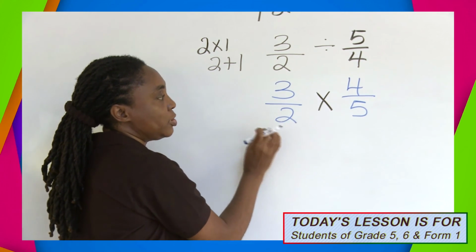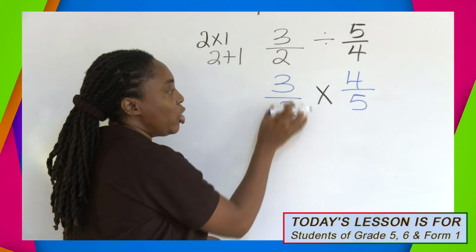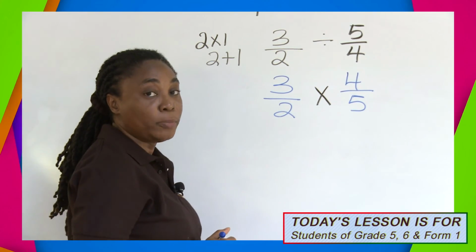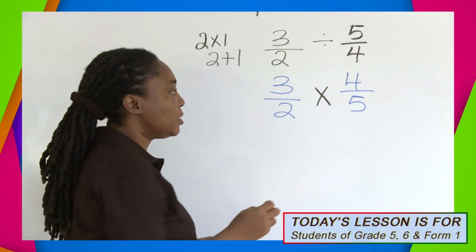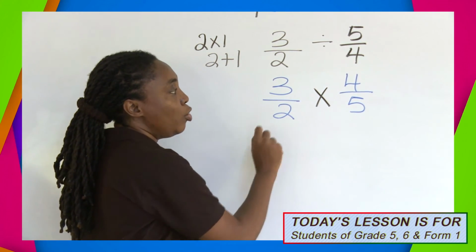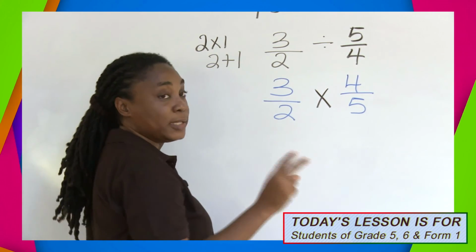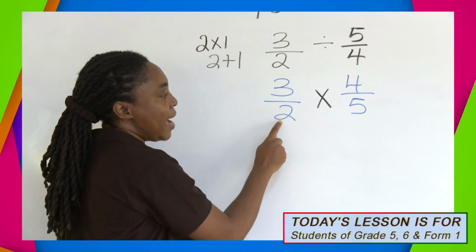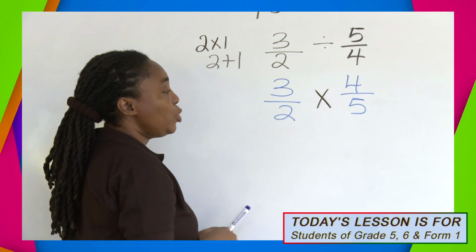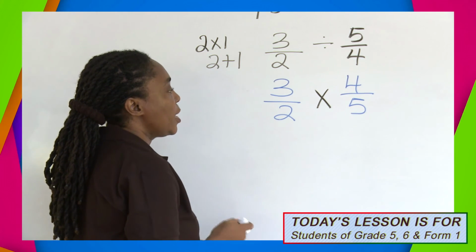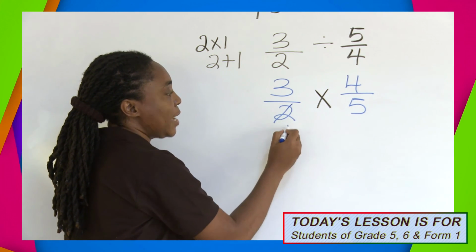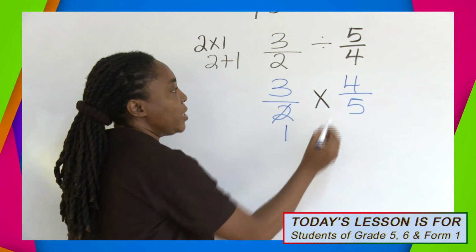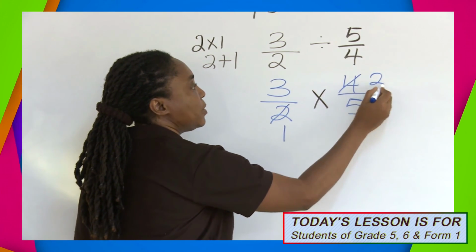Now in this fraction and this fraction, we do not have a numerator and denominator that have common factors. So let's try to look at the numerator and denominator of different fractions. So I have 4 and I have 2. Now we know that 2 can go into 2 one time, and 2 can go into 4 2 times.